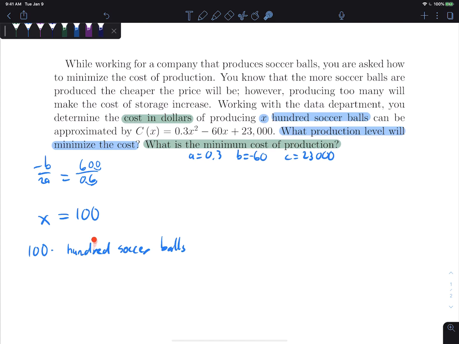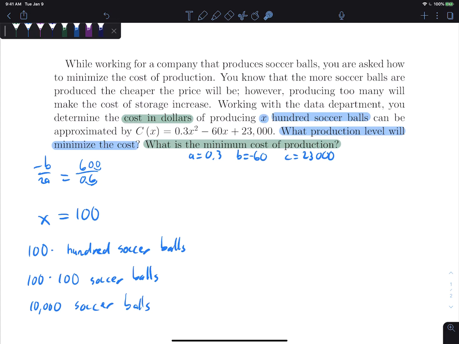So this actually means 100 times that 100 soccer balls, and 100 times 100 is 10,000. So in order to minimize the cost of production, this company should produce 10,000 soccer balls. It's very important that we understand that x equaling 100 isn't 100 soccer balls. It's 100 hundred soccer balls. Therefore, it's actually 10,000 soccer balls that they should produce.